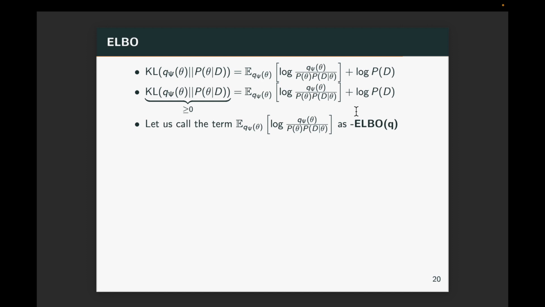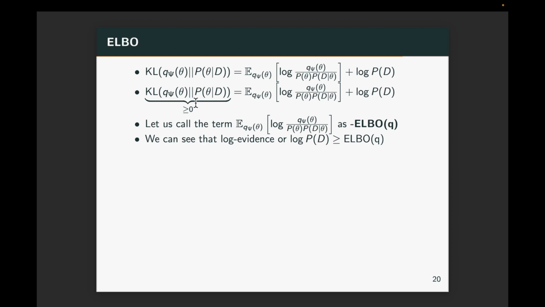So we have written that the KL divergence is greater than or equal to 0, and this term is minus ELBO plus log P of D. I think I've made some mistakes in the sign.